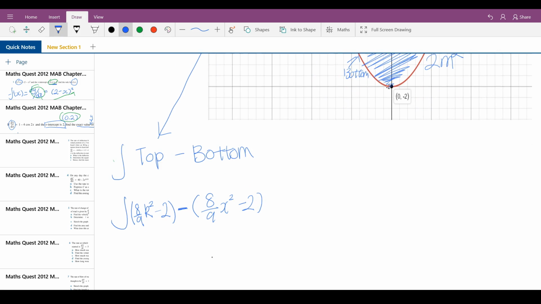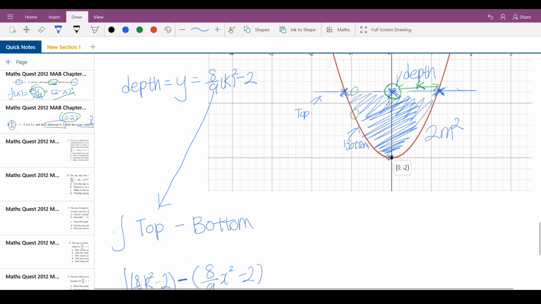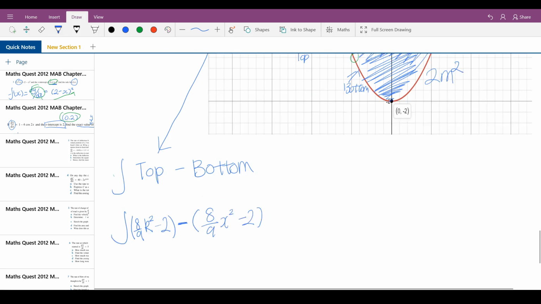Now notice that I didn't go from negative k to k, because I know the area will be the same. If you go from 0 to k, you literally get half of your area. We know the total area here is 2 meters squared of water, so half of that would be 1 meter squared.